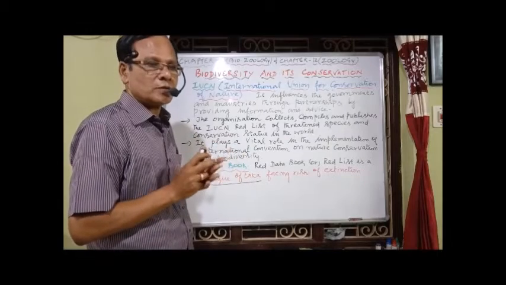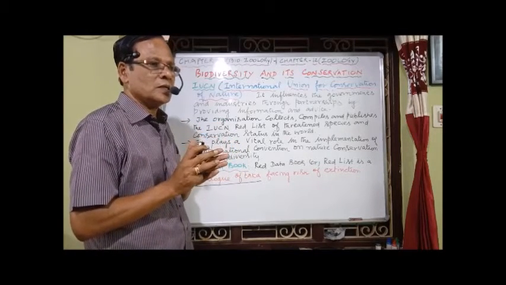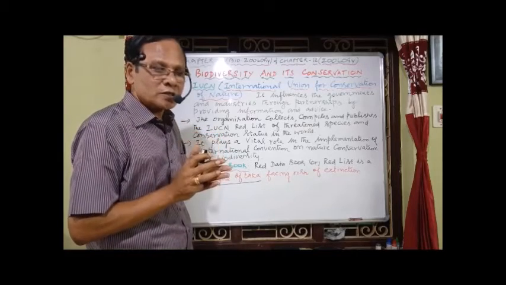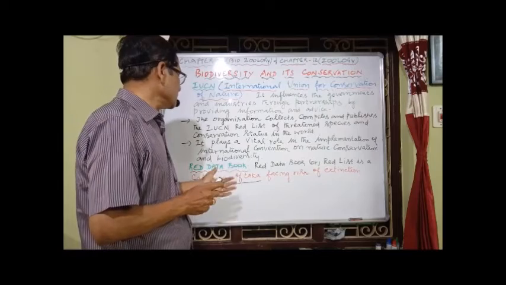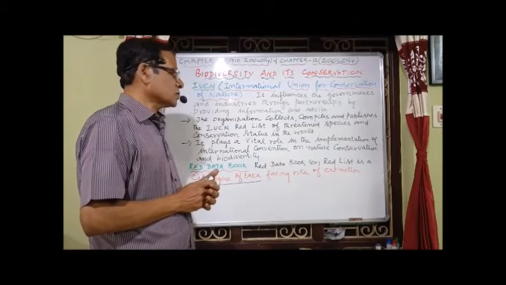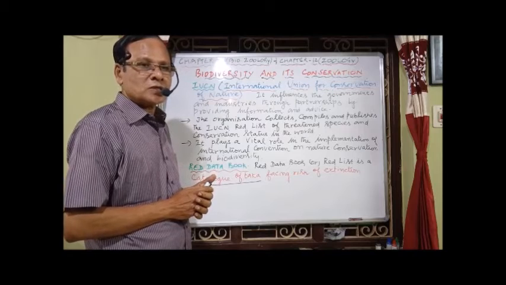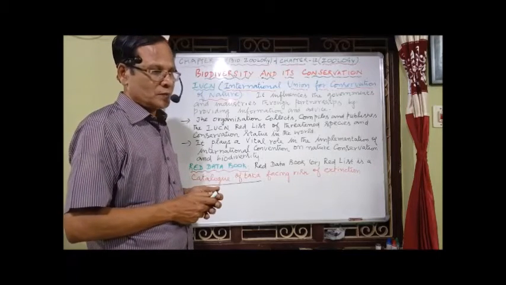That's the Red Data Book, containing the information about the taxa, species that are going extinct or are at high risk of extinction. Now this Red Data Book, the Red List, is normally maintained by the International Union for Conservation of Nature and Natural Resources.